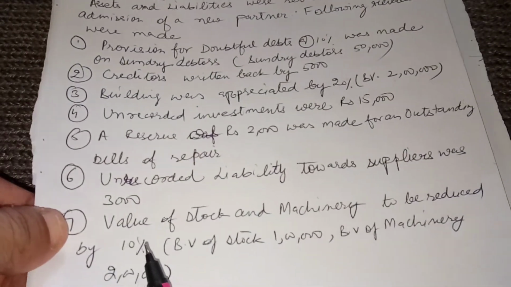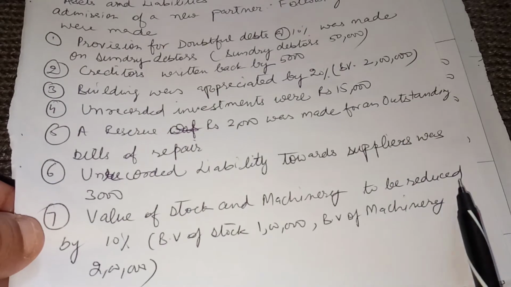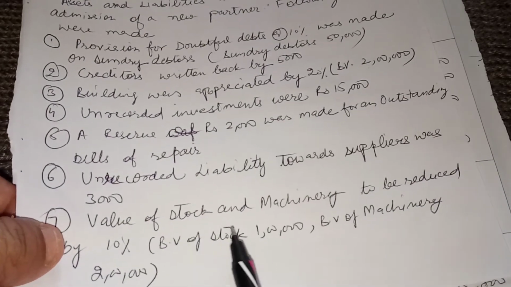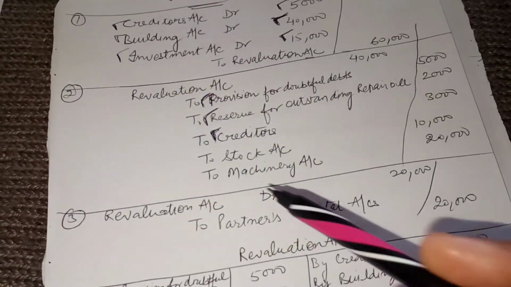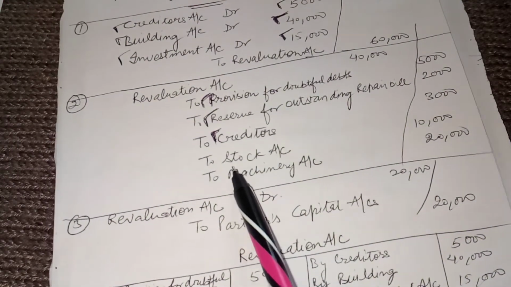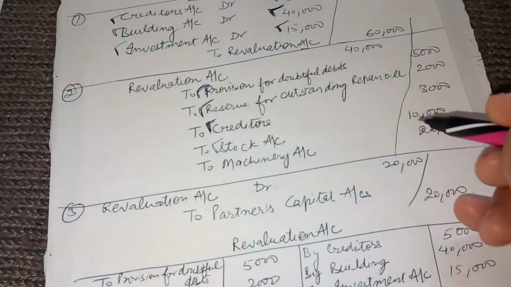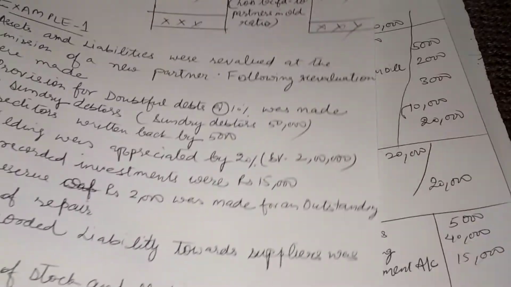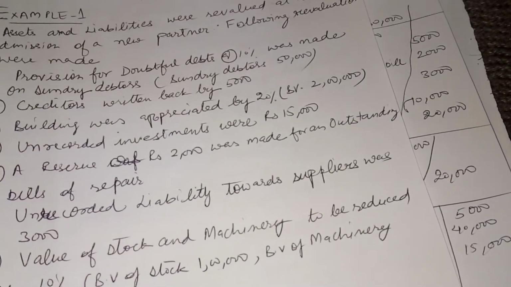And then next, value of stock and machinery to be reduced by 10%. Stock book value is 1 lakh. Otherwise stock is debited, but now here stock will be reduced. So to stock 10%. And then machinery book value is 2 lakh.